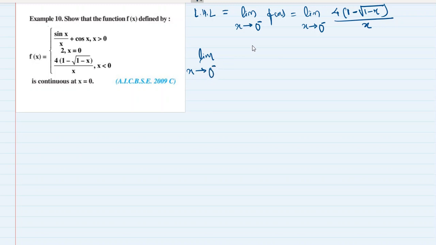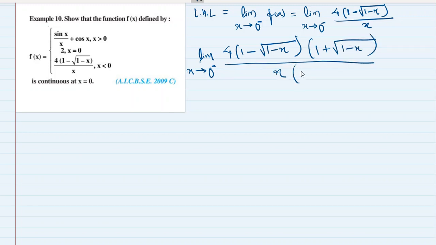For some of the functions, what we did was, for 1 minus root of 1 minus x, we did rationalization. 1 plus root of 1 minus x the whole upon x bracket 1 plus root of 1 minus x. So I divided and multiplied by 1 plus under root of 1 minus x to simplify this particular function further.